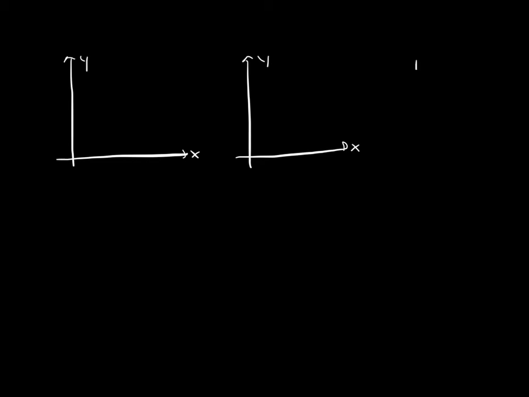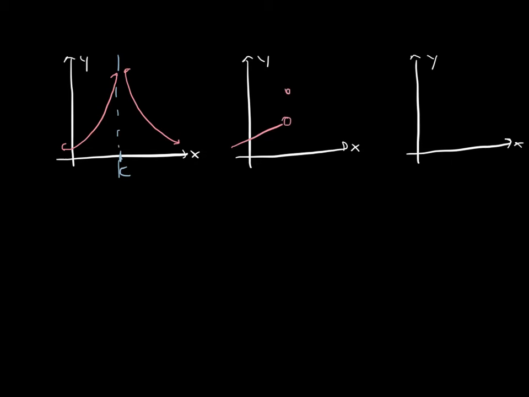So we've seen cases where the function is continuous at a point but not differentiable at that point. But what happens if f is not continuous? Well, we have a few different types of discontinuities. We have an infinite discontinuity. We have a jump discontinuity.